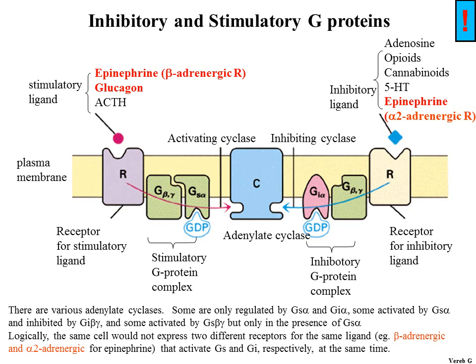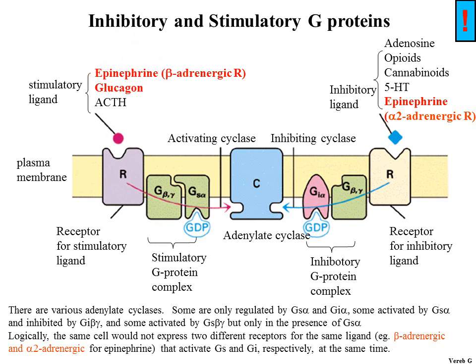Even when we consider one single effector molecule in various cells, which is adenylate cyclase, which makes cyclic AMP, its regulation is far more complex than being regulated through a stimulatory G protein, through a beta adrenergic receptor, by epinephrine.